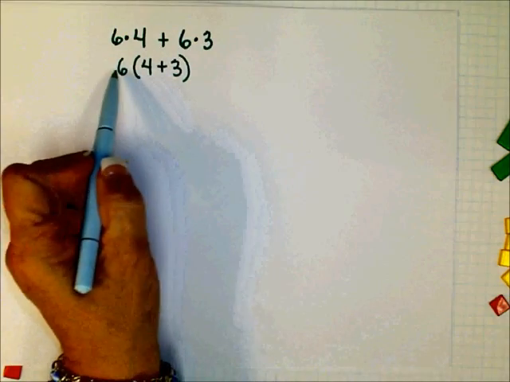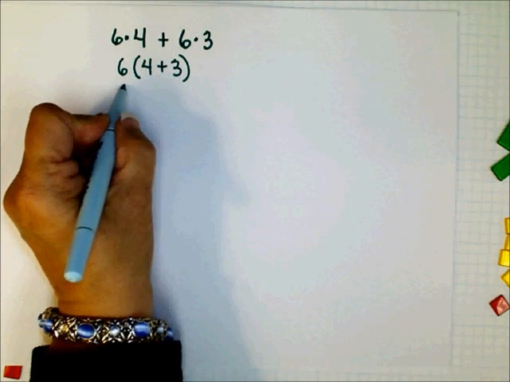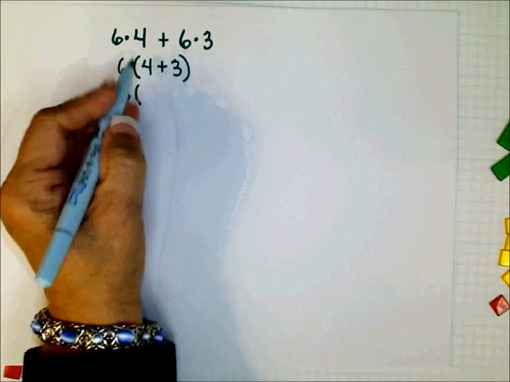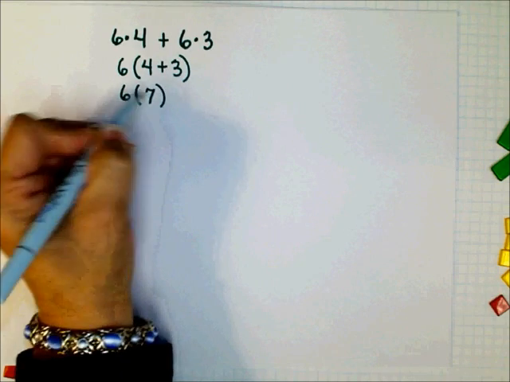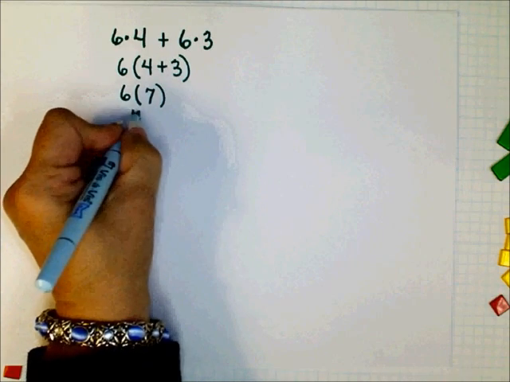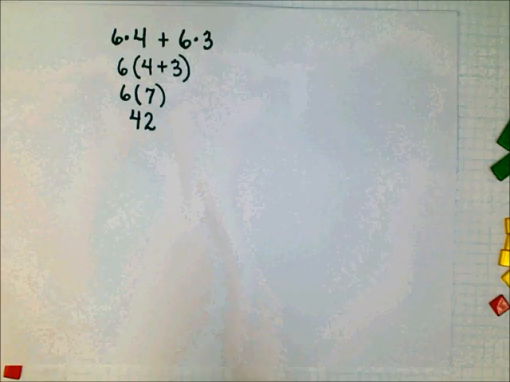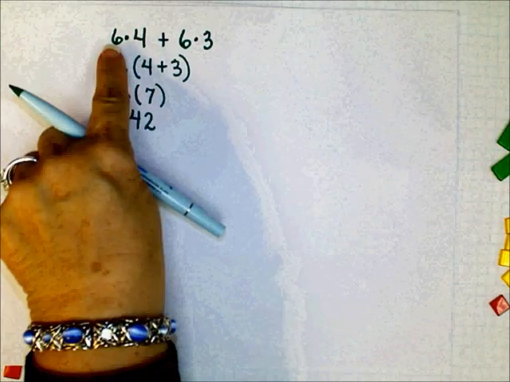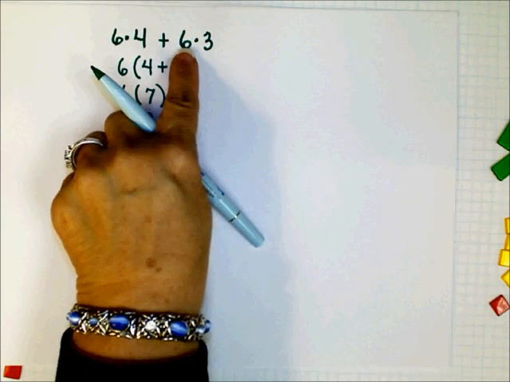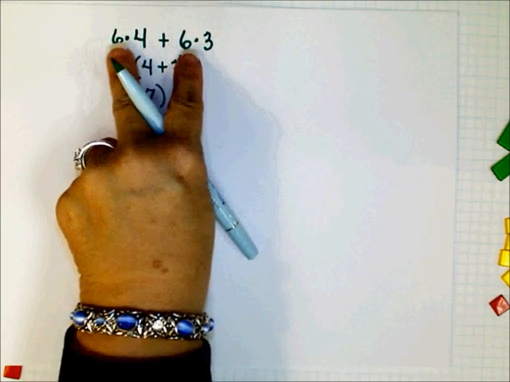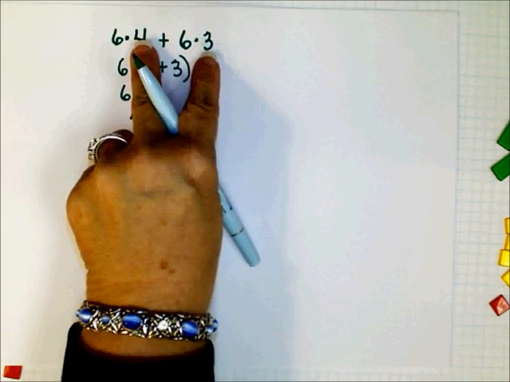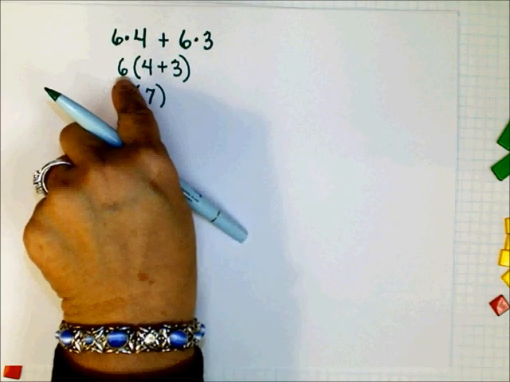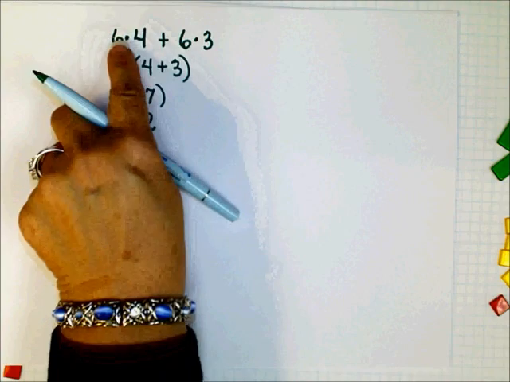So this would actually be the same thing as saying 6 times the quantity 4 plus 3, which is 7, and 6 times 7 is 42. Notice that I had a 6 in both, so that meant that I had distributed the 6 to both of these numbers. So that 6 is the number that goes outside the parentheses because it's a part of each product.